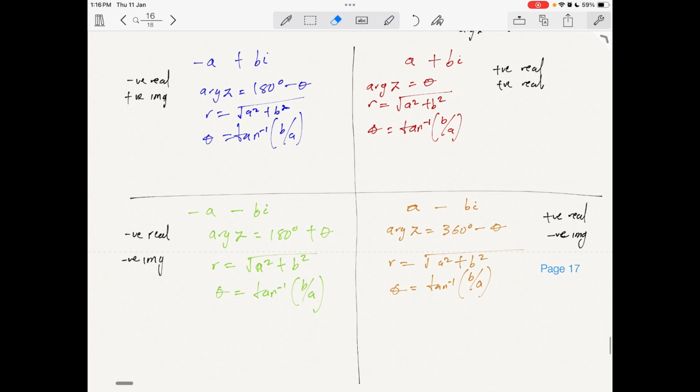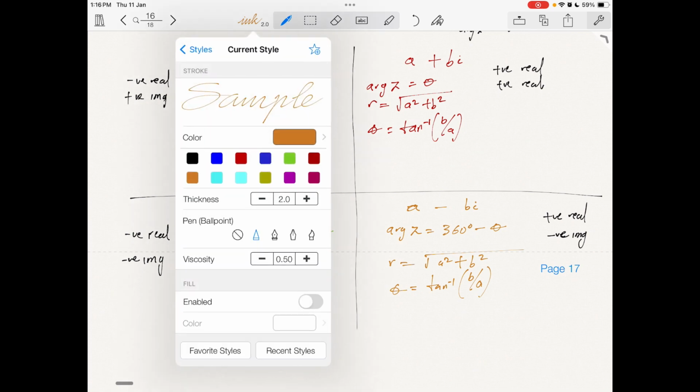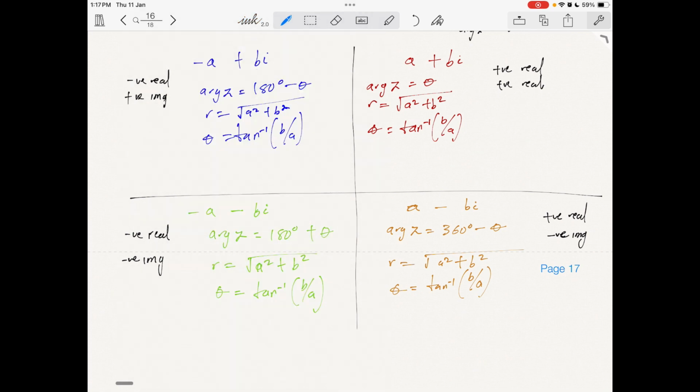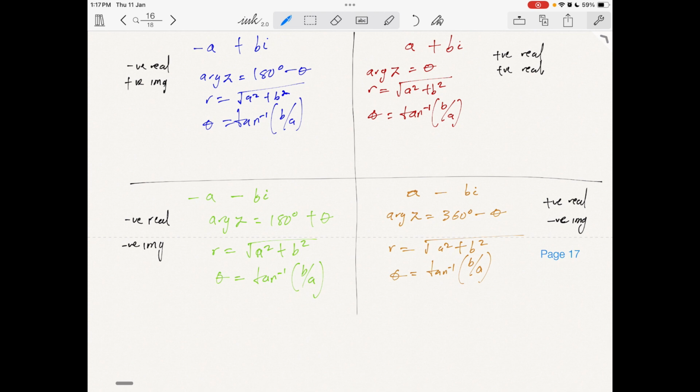So in that case, let us remind ourselves of the Cartesian and polar form formats. In Cartesian format, we have that our z is equal to a plus bi, as the case may be.